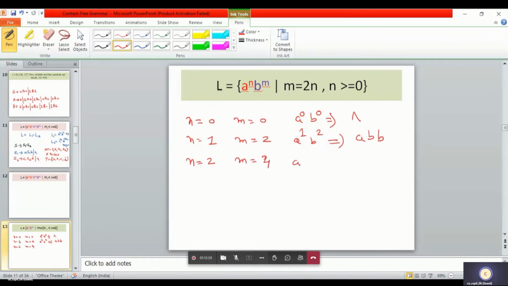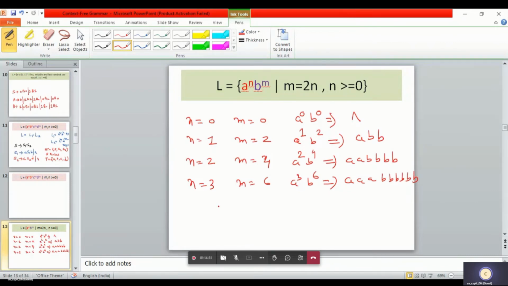So A square B raised to 4, which will give us A B B B B. So now if you observe this pattern, we have M equal to 6, we have A cube B raised to 6, we have AAA, and we have 6 times B.